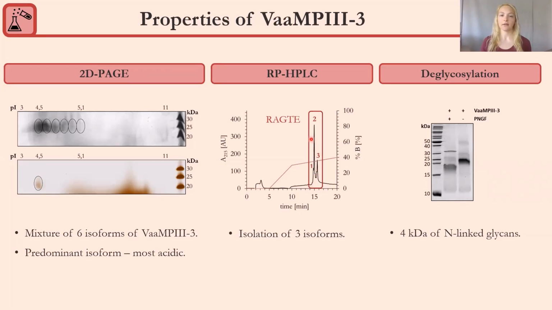All of them had the N-terminal sequence of RAGTE. We believe that these are glycoforms, as glycans can make proteins more acidic and hydrophilic. So we used PNGase F to deglycosylate VAA-MP3/3, and we found that it has 4 kilodaltons of N-asparagine-linked glycans.